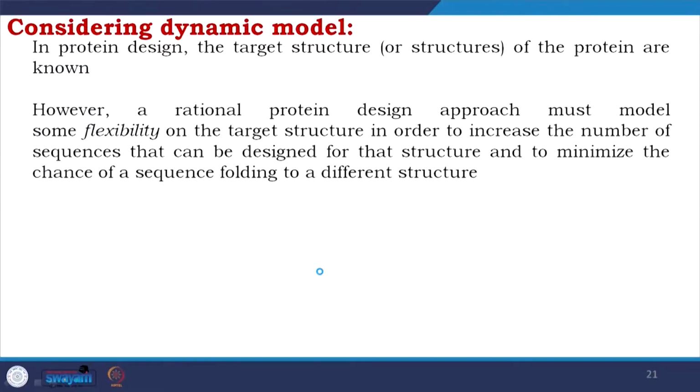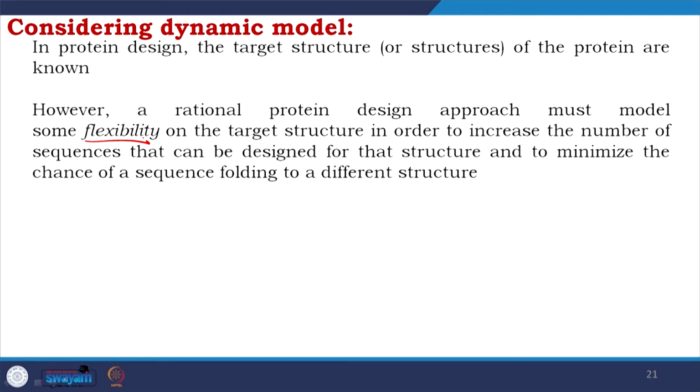However, a rational protein design approach must model some flexibility on the target structure in order to increase the number of sequences that can be designed for that structure and to minimize the chance of a sequence folding to a different structure.